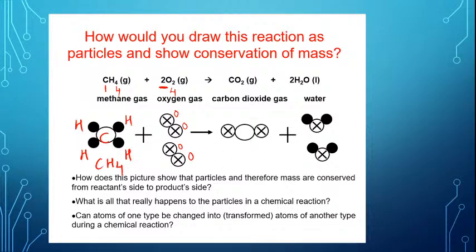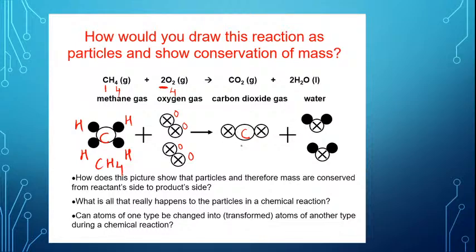So how can we prove it? With the help of these figures, we can prove that the particles are conserved, right? The mass of the particles is conserved from the reactant side to the product side, because what we observe after the chemical reaction is that there is no loss of any atom. There was only one atom of carbon, and this side also one atom.